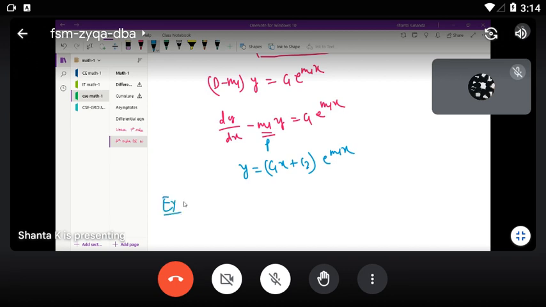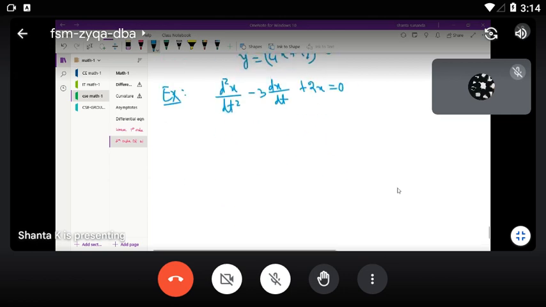An example. d square x by dt square minus 3 dx by dt plus 2x equals 0. You can find this one. So find the auxiliary equation or characteristic equation.